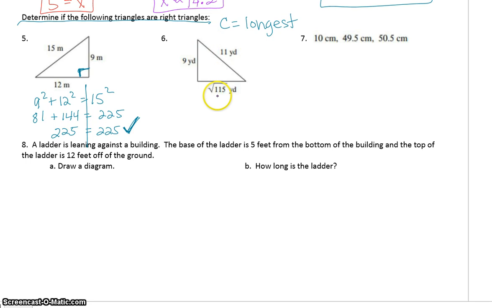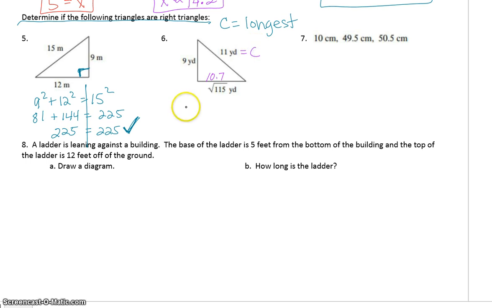We have 9, 11, and the square root of 115. Well, what is the square root of 115? The square root of 115 is 10.7. Now, I'm not going to plug that in. The only reason why I need to know what that is is so that I know that 11 is my longest side. 11 is going to be my c.